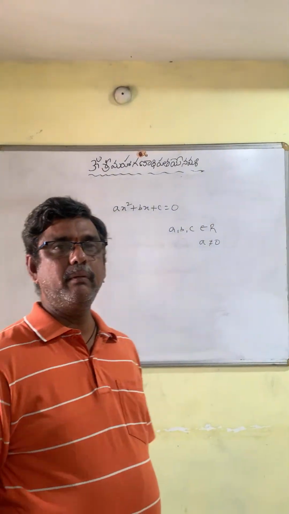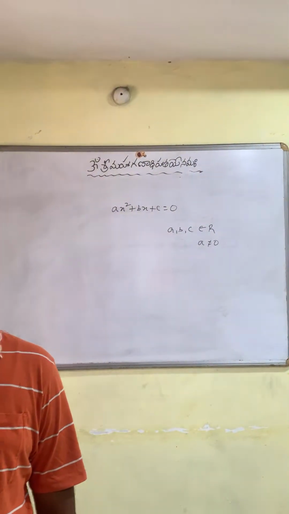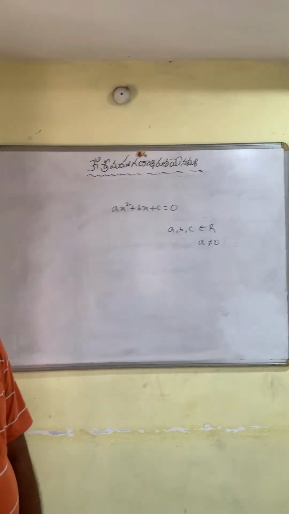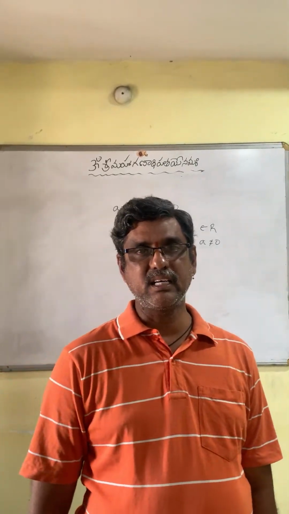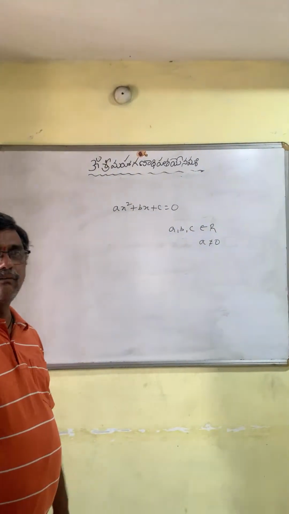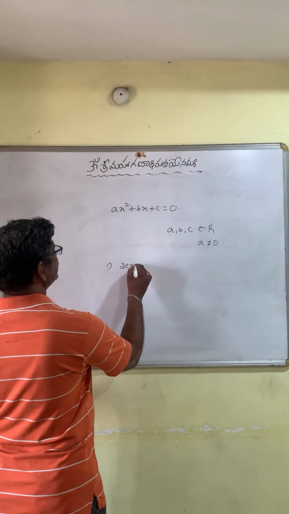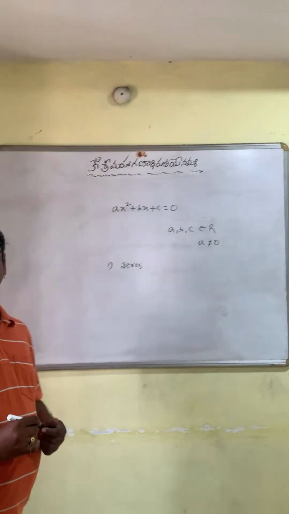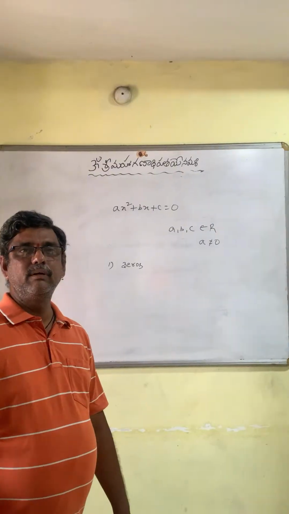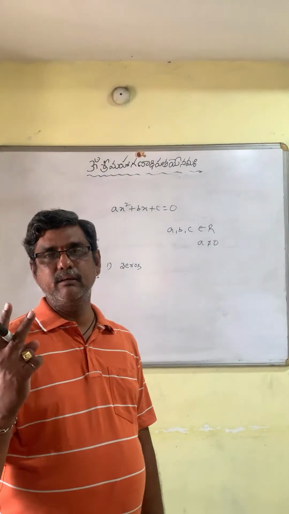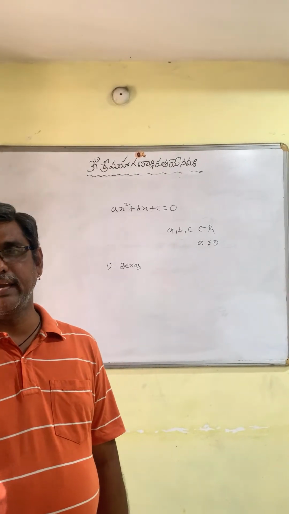We have seen many real life situations where quadratic equations have applications. So what are we going to learn in this topic in class 10? First point, finding the zeros of the given quadratic equation with different methods. You have two methods for finding the zeros of a given quadratic equation.